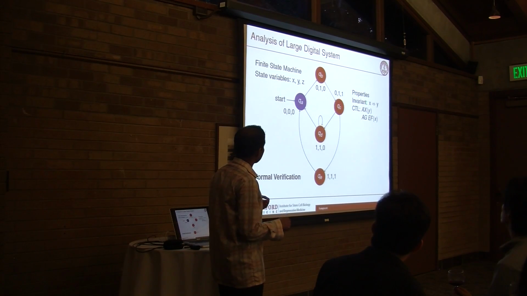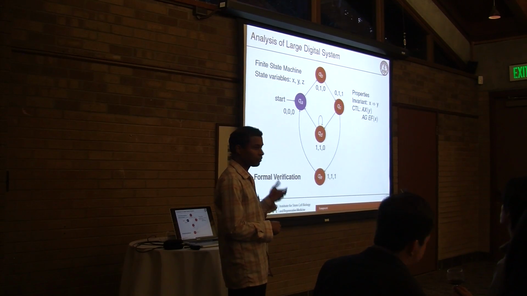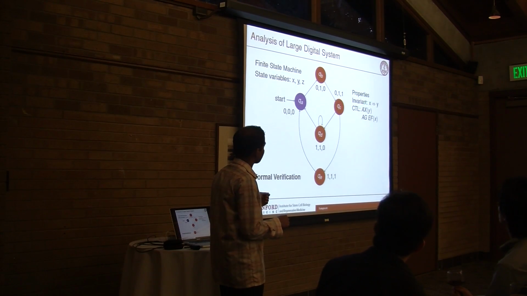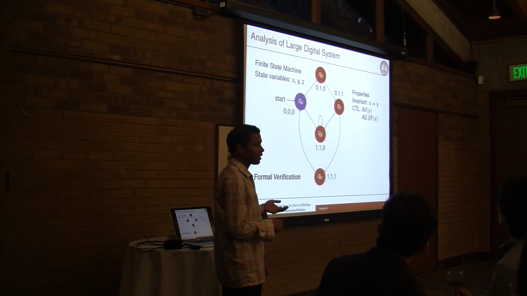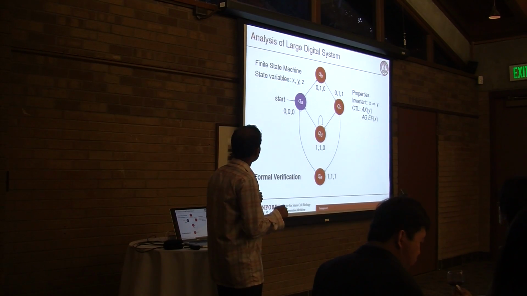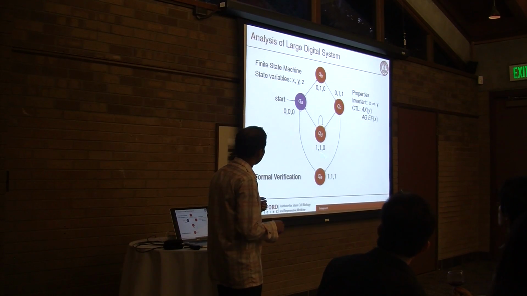And you have certain properties of the circuit that you want to prove on the system. These properties are very simple, called invariants. Invariants are properties that hold in every state of the system. And these are encoded in state variables here. So you have x, y, and z, and these are the values.